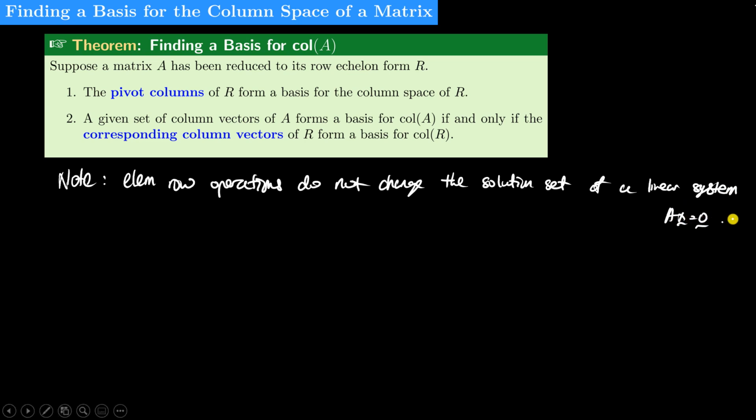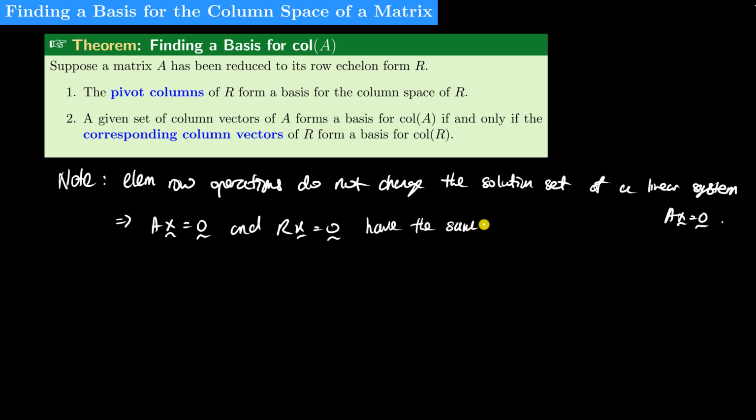Right, this is obvious, otherwise there's no point in performing elementary row operations on a linear system. So this would mean that the homogeneous linear systems Ax equals 0 and Rx equals 0 have the same solution set.